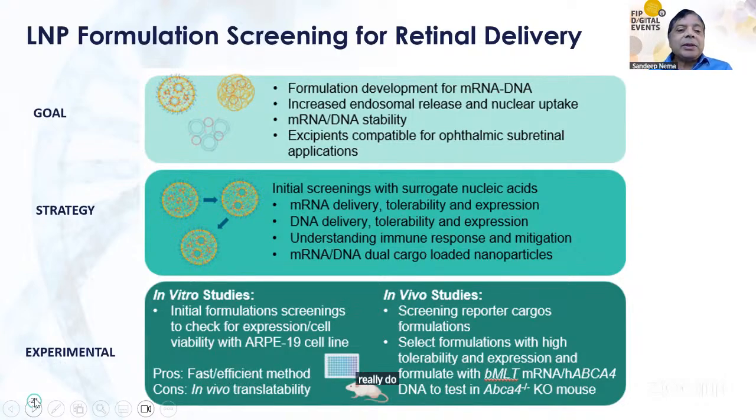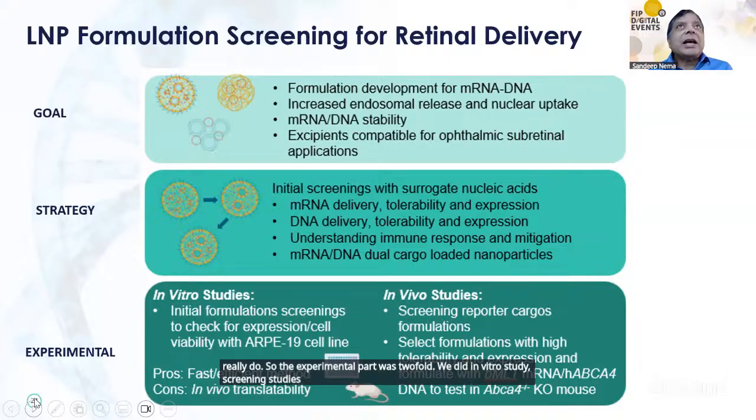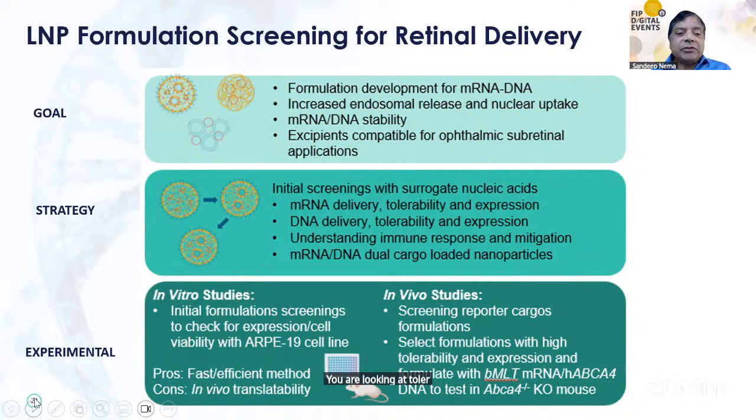So the experimental part was twofold. We did in vitro screening studies using a cell line, which is ARPE-19, the retinal pigment epithelial cell line. You are looking at tolerability by looking at the viability of the cells and also expression.